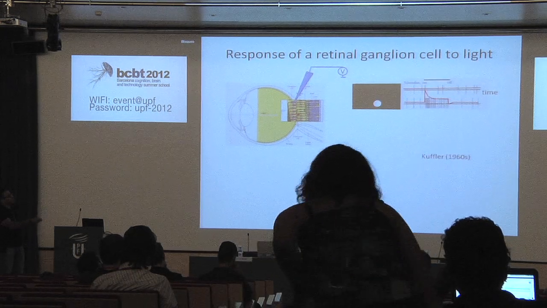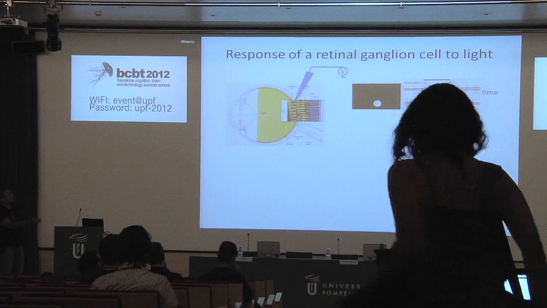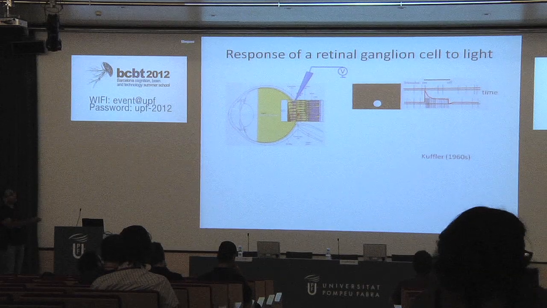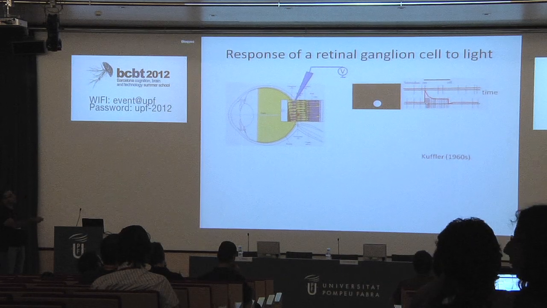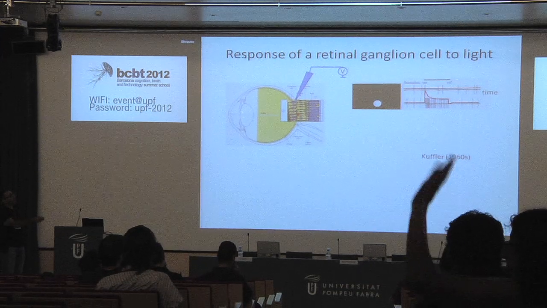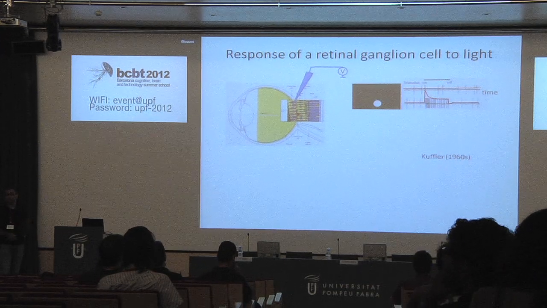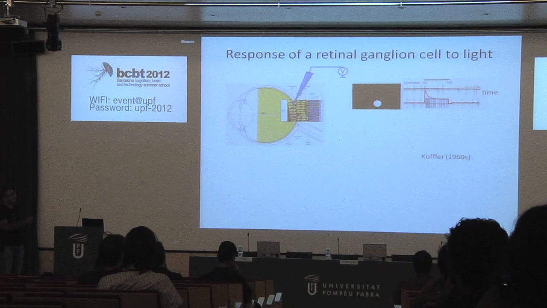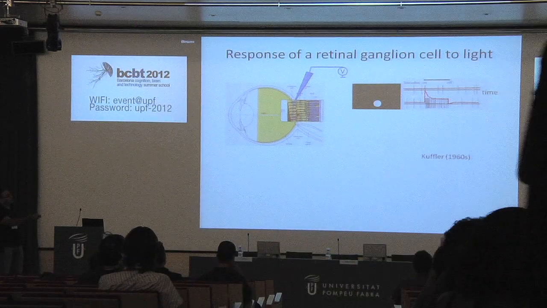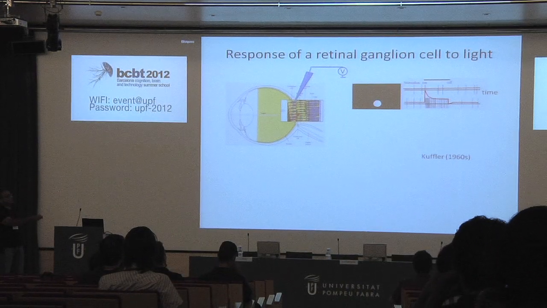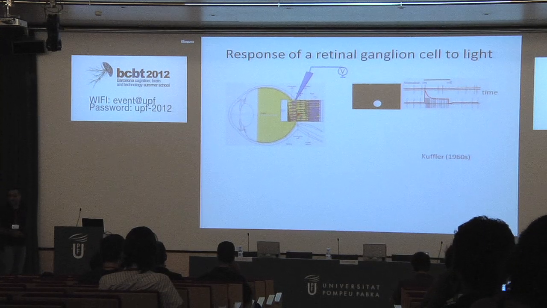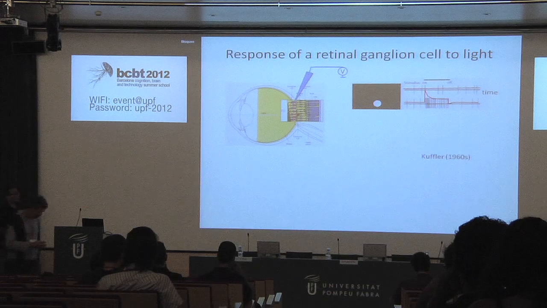Then, when he showed a light spot centered on the location of the ganglion cell that he recorded from, he saw a response which had this transient component, but also this steady state component, which ended when the stimulus was withdrawn. So this was the basic experiment, not entirely unexpected, but the interesting observation was that the response had this major transient component. And this has been repeated in many other experiments in the visual and other sensory systems.